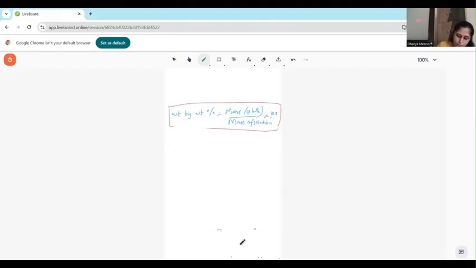So mass of NaOH is 10 grams, present in a volume of solution. This time they didn't give the mass of the solvent or solution, they gave the volume of the solution, which is equal to 100 ml, and you need to find the weight by weight percentage.